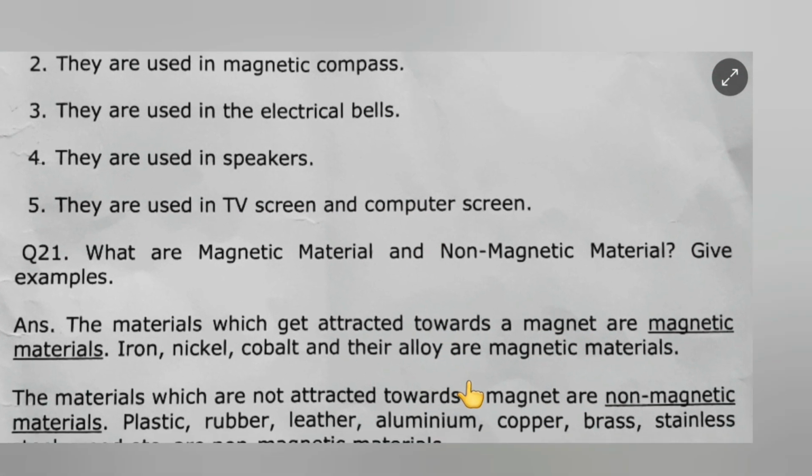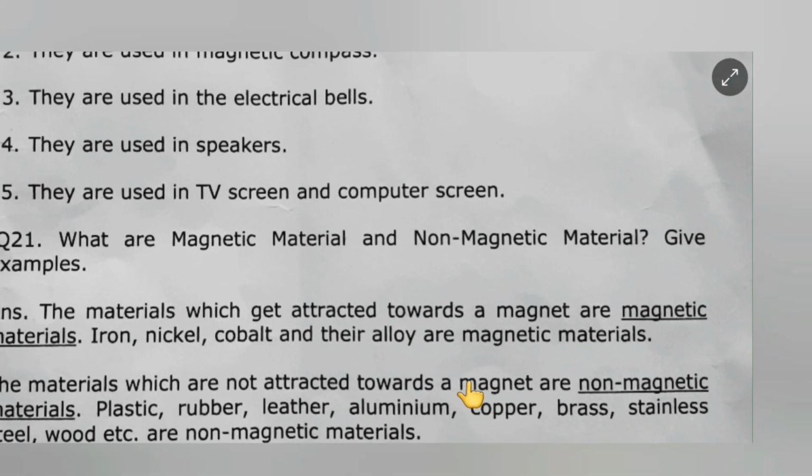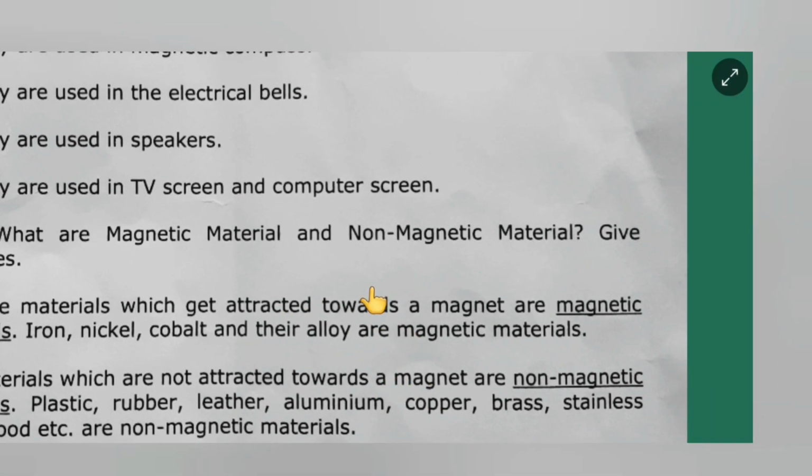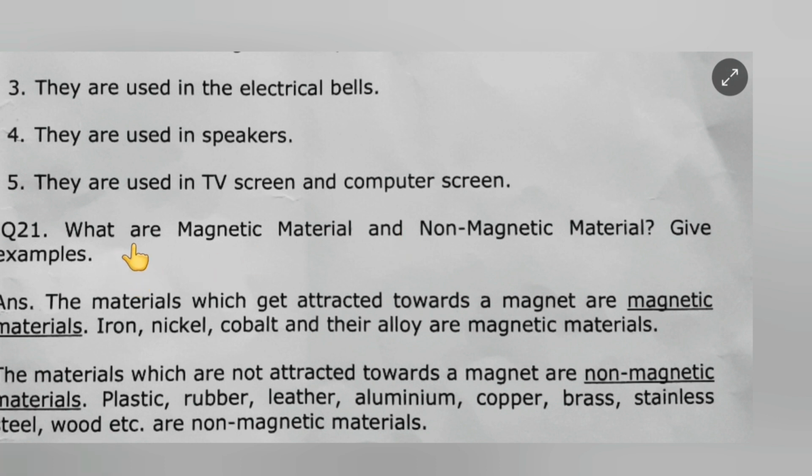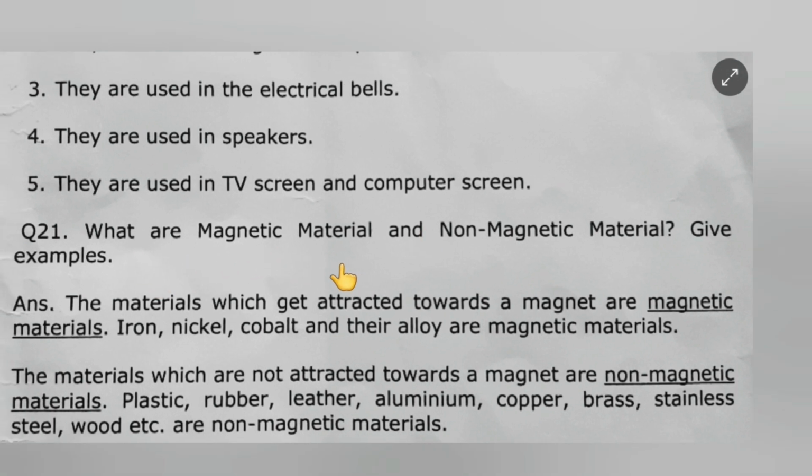Okay. Next is, what are magnetic material and non-magnetic material? Give example. The materials which get attracted towards a magnet are called magnetic material, like iron, nickel, cobalt and their alloys.